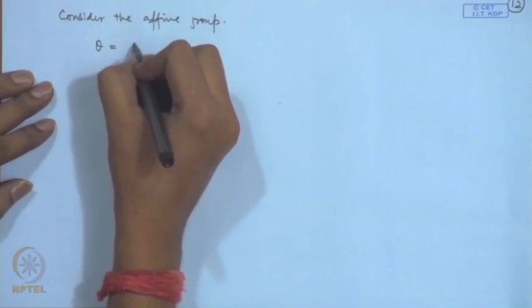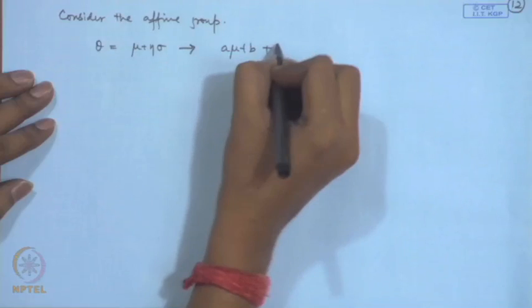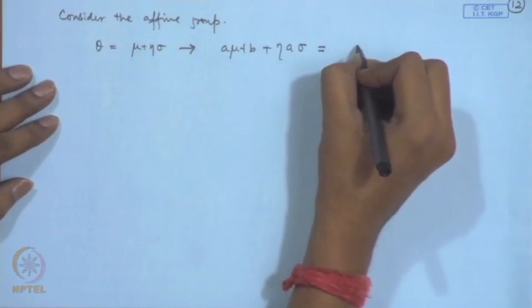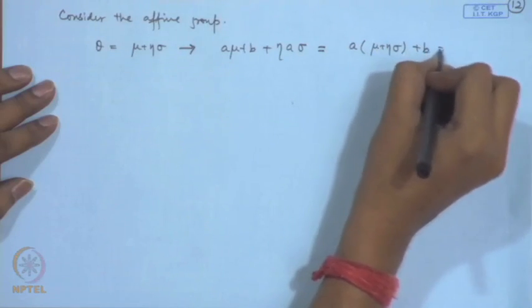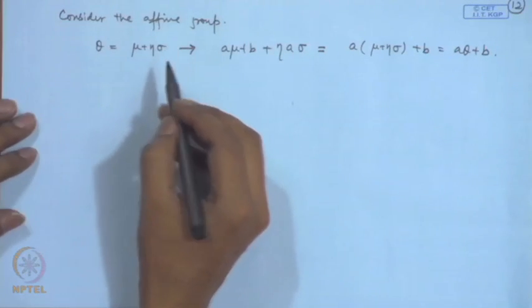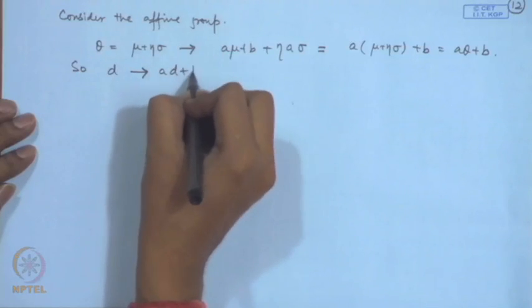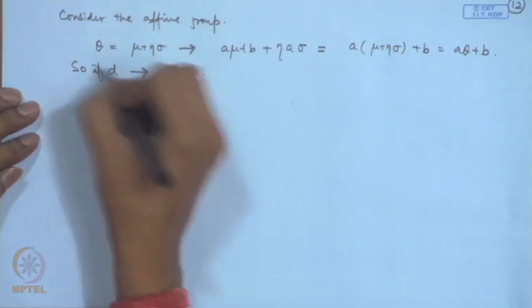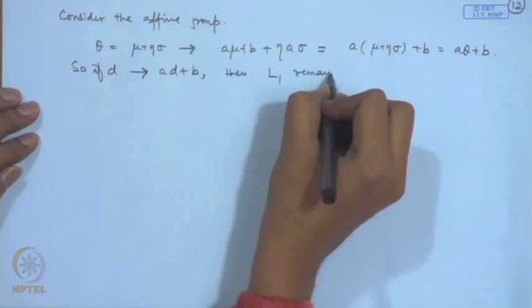Theta is equal to mu plus eta sigma. So, this will go to a mu plus b plus eta a sigma, that is equal to a mu plus eta sigma plus b, that is equal to a theta plus b. Therefore, d must go to a d plus b. So, if that is happening, then L 1 remains invariant.